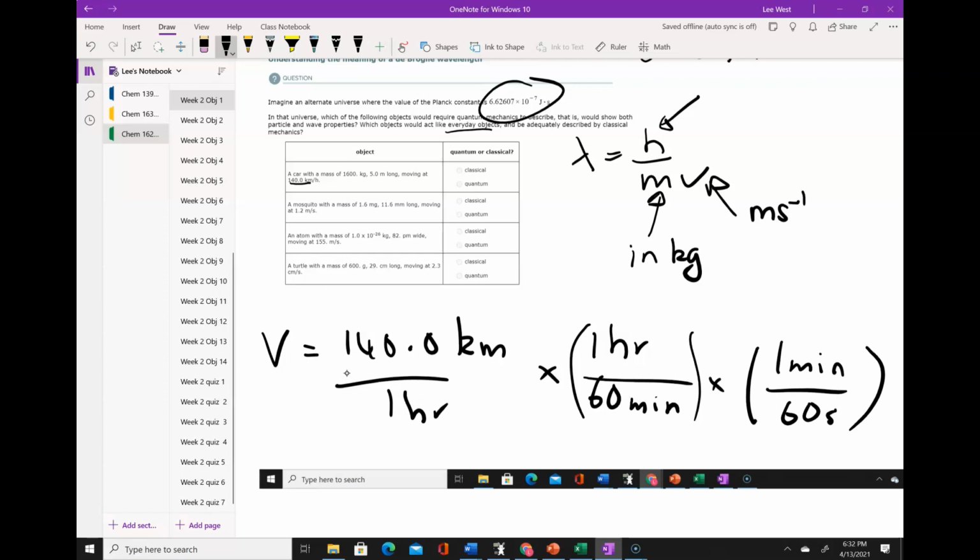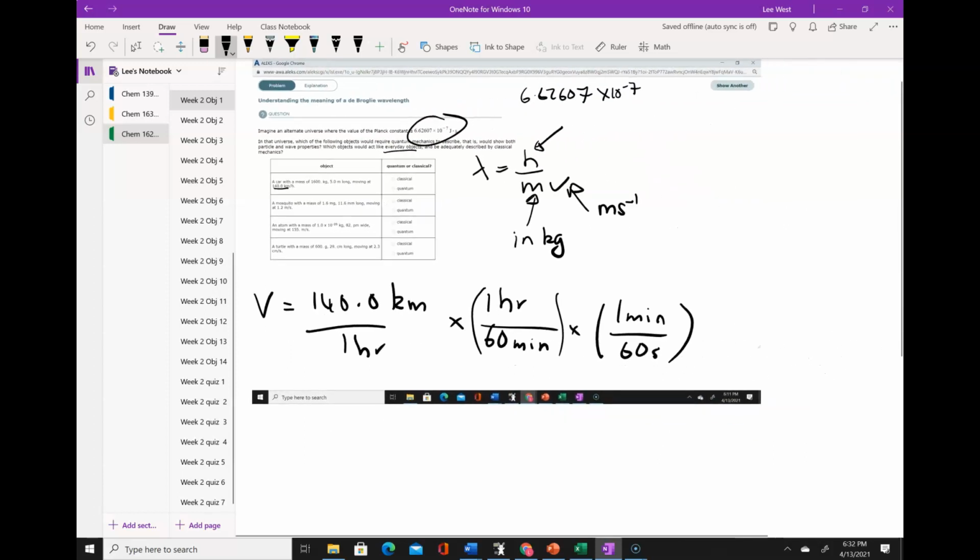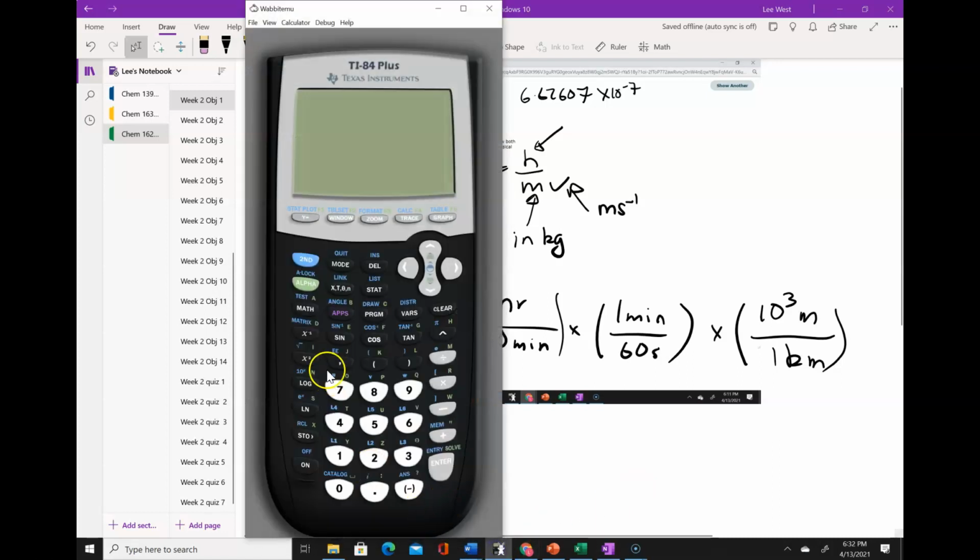So that takes care of the hours problem. And then now we just have to do the kilometers, and I know that there are 10 to the 3 meters in 1 kilometer.